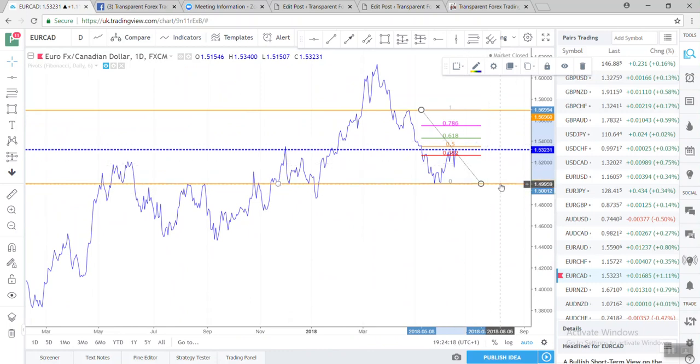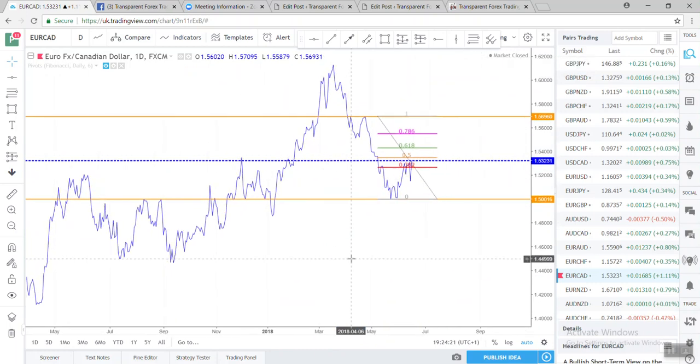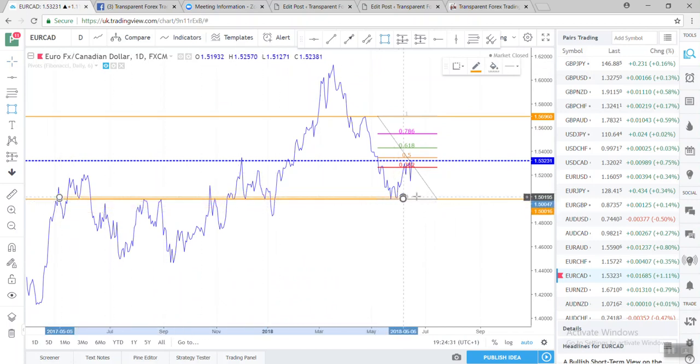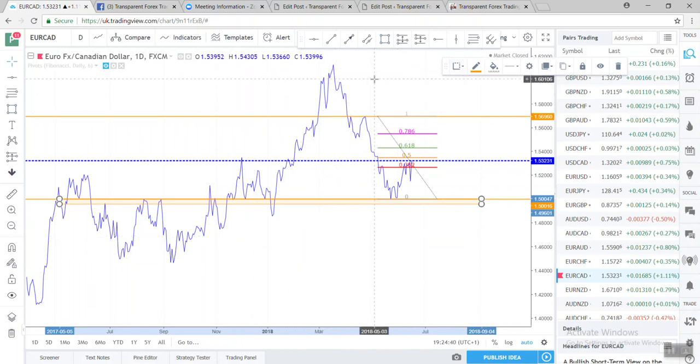It could come back and retrace and hit our support area here. Just to give you an idea. We can remove them later though.